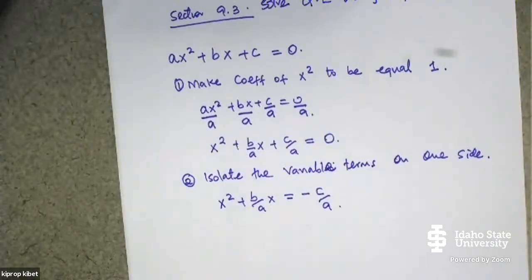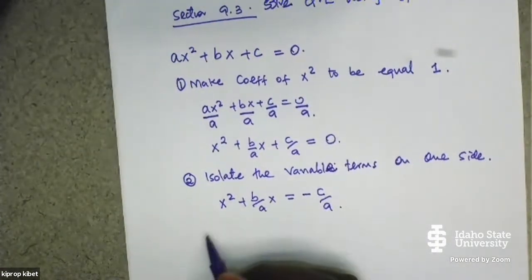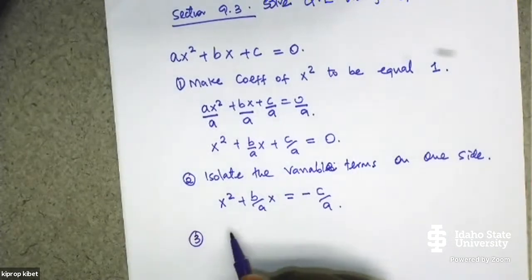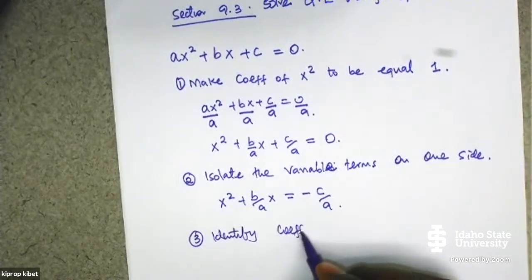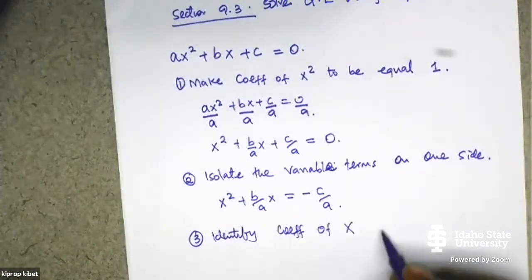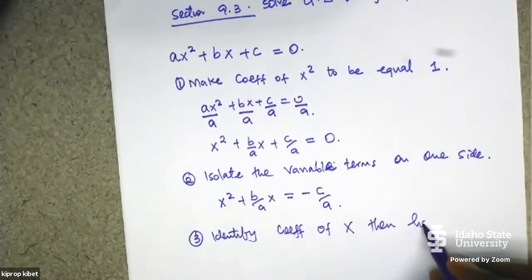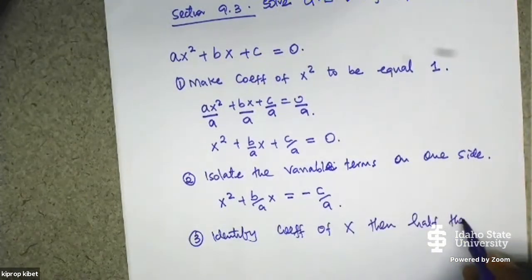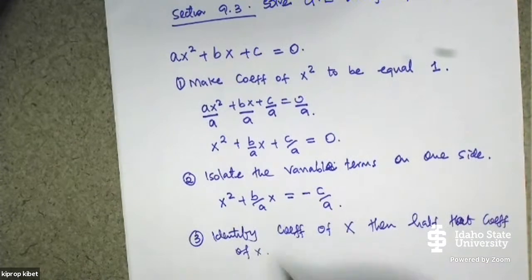Then what is the next step? You multiply the coefficient by half, or divide by 2. So number 3, identify the coefficient of x.